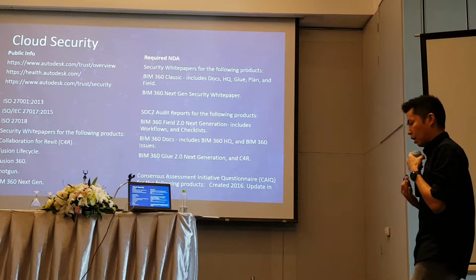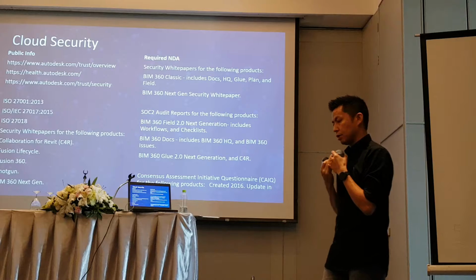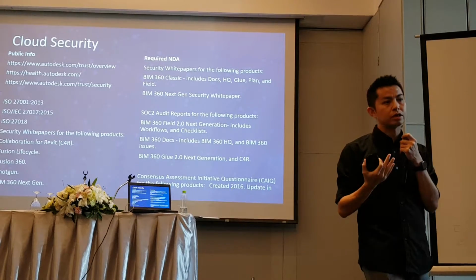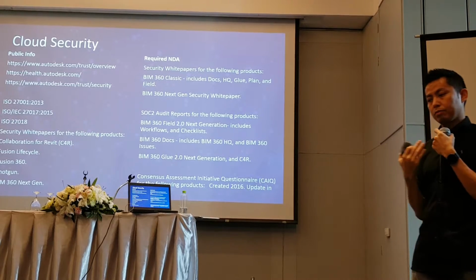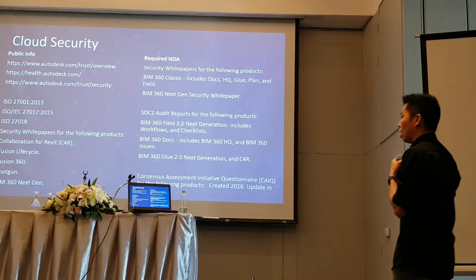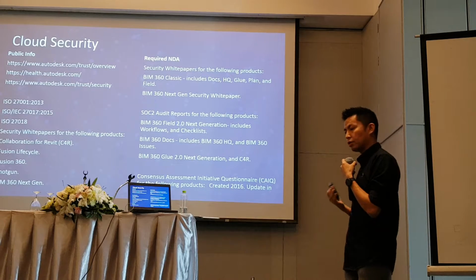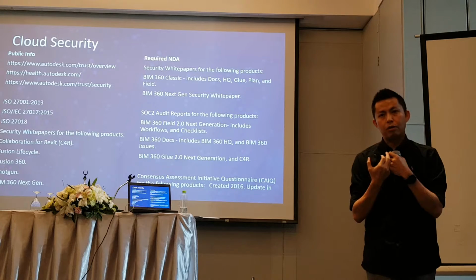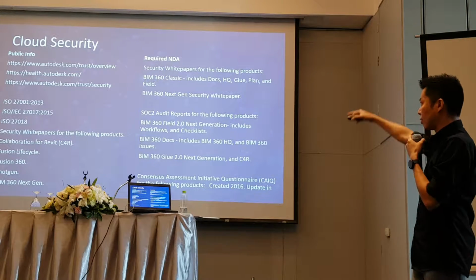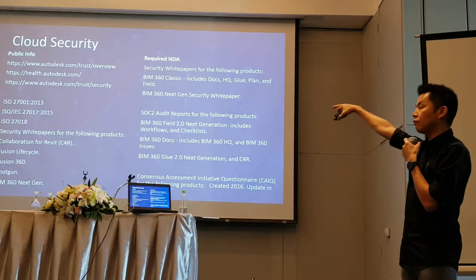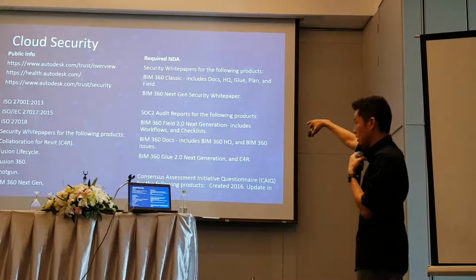Now, when we talk about BIM 360, there's one major issue that people are quite concerned about: cloud security. Where are we seated, where are our servers located, how is our security, how many levels are there, do we have auto backup, and so on. All those answers you can get from the top 3 links there: trust, health, and security.